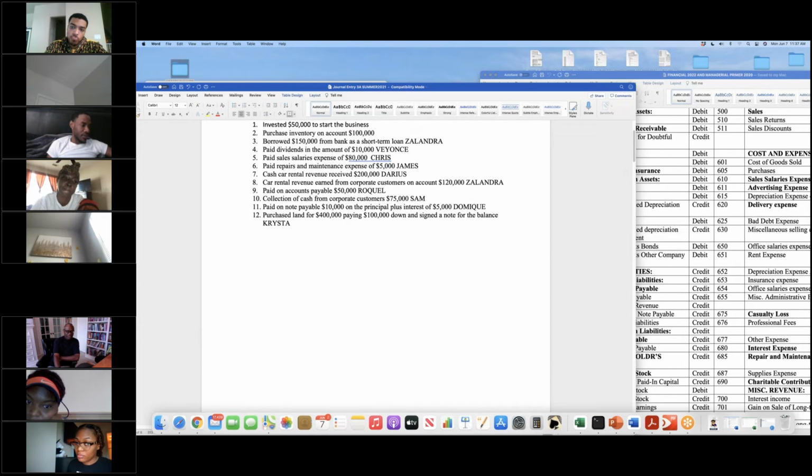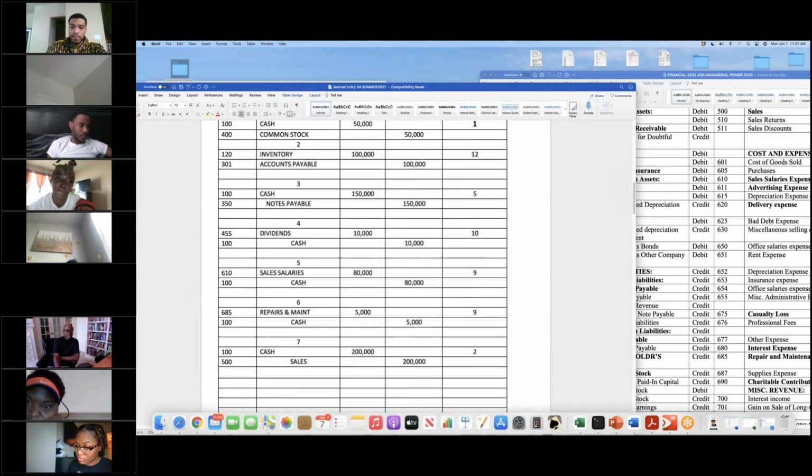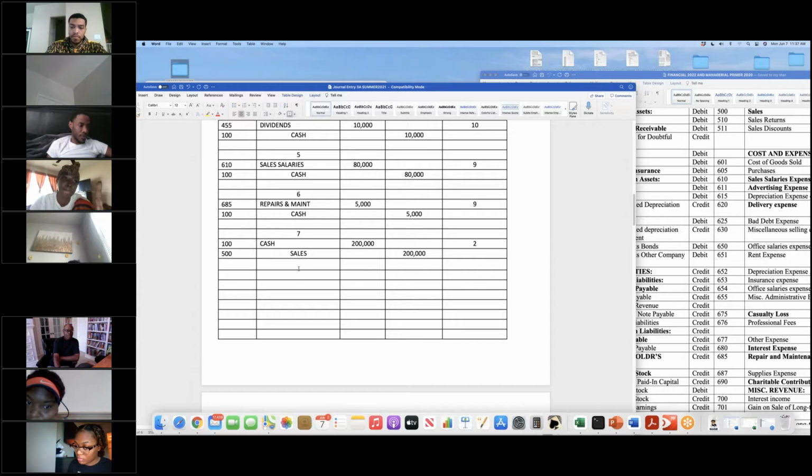Yeah, read it. Car rental revenue earned from corporate customers on account. So I think it's type 3. No, you don't have any cash. Type 15. Type 15. Okay.